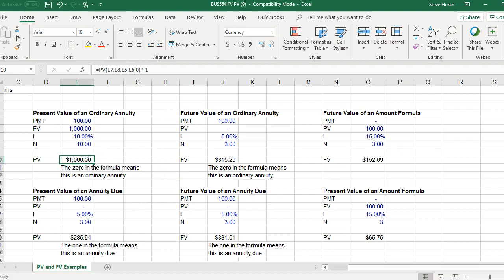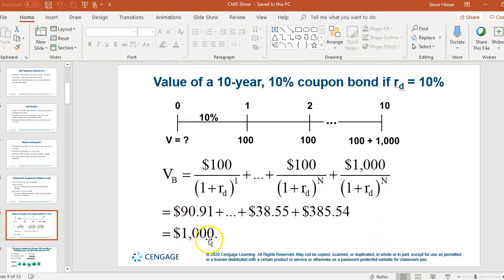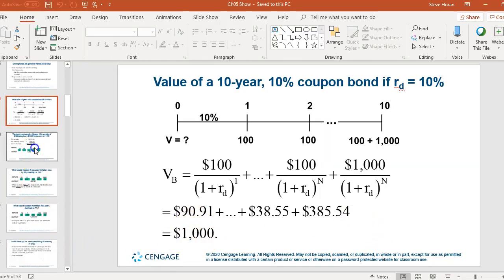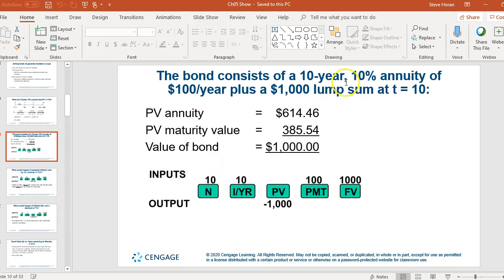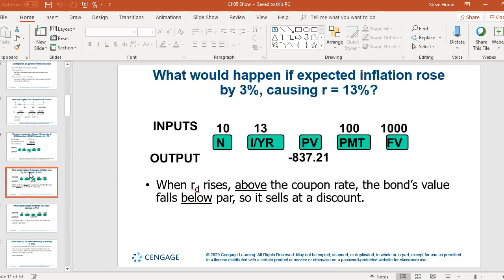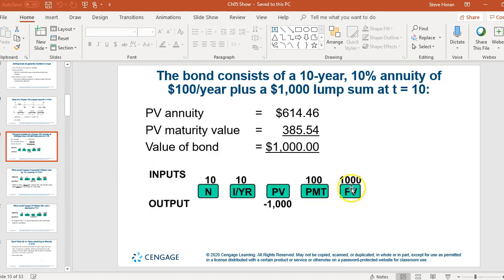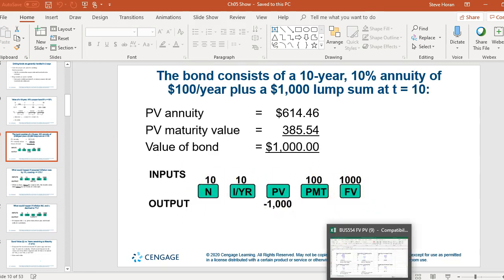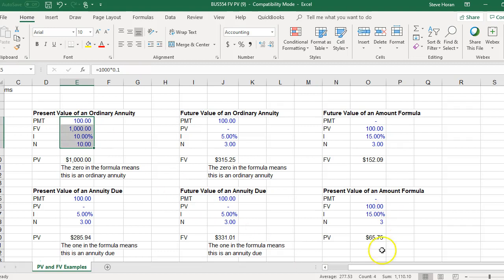So that's the $1,000 value that you see right here. And they're going to show us the exact same thing here using either a financial calculator or using Excel. And just imagine these are the inputs right here that are highlighted, the exact same inputs that I plugged in here.